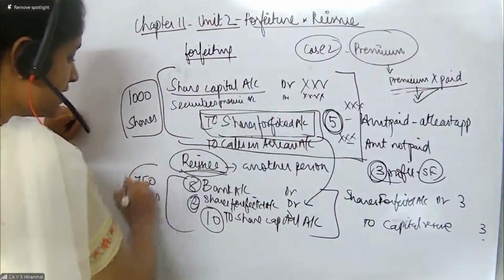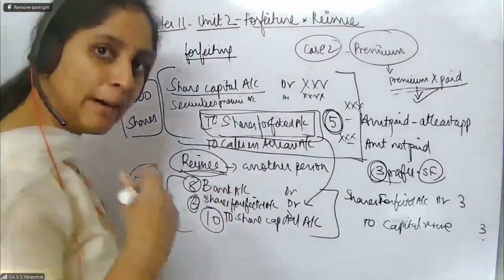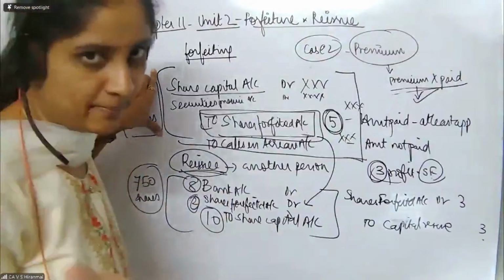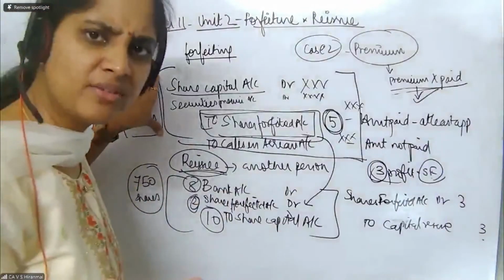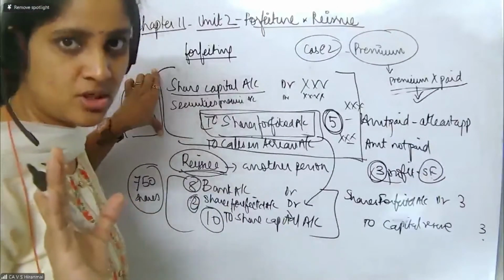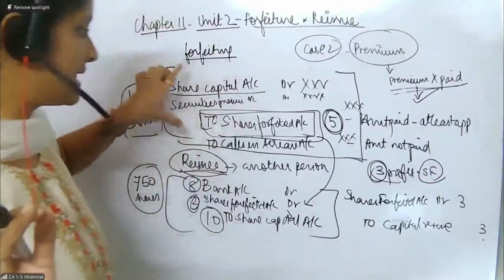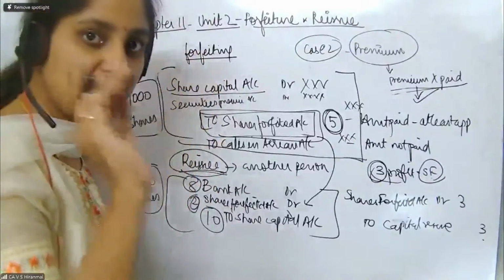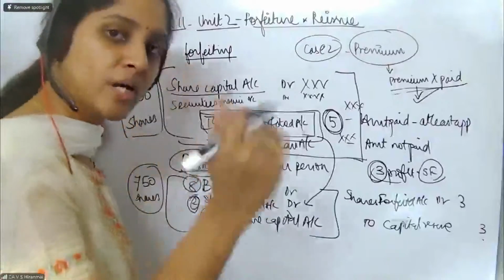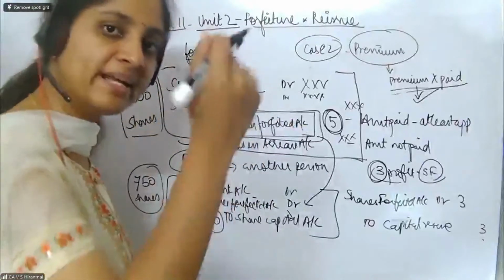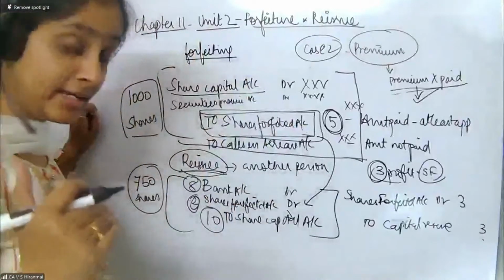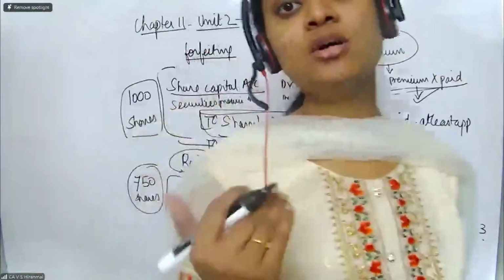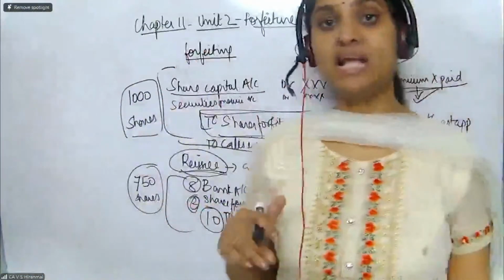This is the decision of the company. The company will do as it likes. No cancellation? Yes, it is the company's decision. After giving so many notices, even then if the person does not pay, the company gets a right to cancel the shares. So it cancels all of the shares. You cannot cancel partly. Whatever shares that person has not paid for, you will cancel entirely. But when I do the reissue, technically I need not reissue the entire amount.